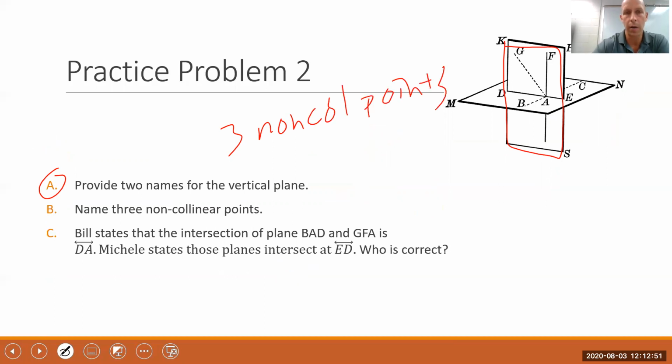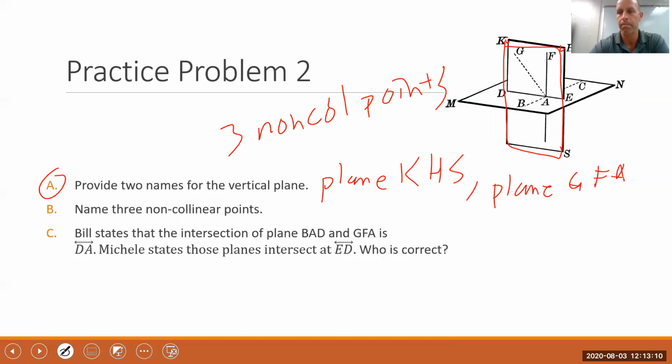I could call it plane KHS. You can see that there's a point K up here, there's a point H, and there's a point S, and they're not on the line. You could even call it plane GFA. Sorry, my handwriting there is not very good.